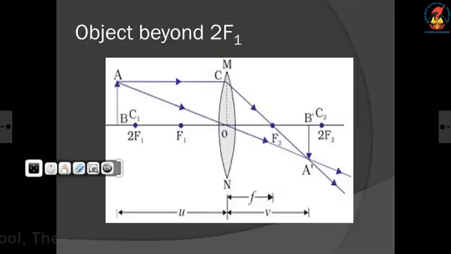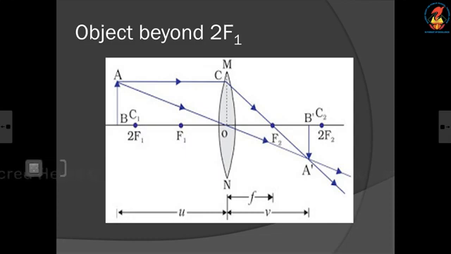Here the object is beyond 2F1. Actually 2F1 means the center of curvature. 2F2 is also a center of curvature. Two centers of curvature are there for the lens, represented by the letters C1 and C2.